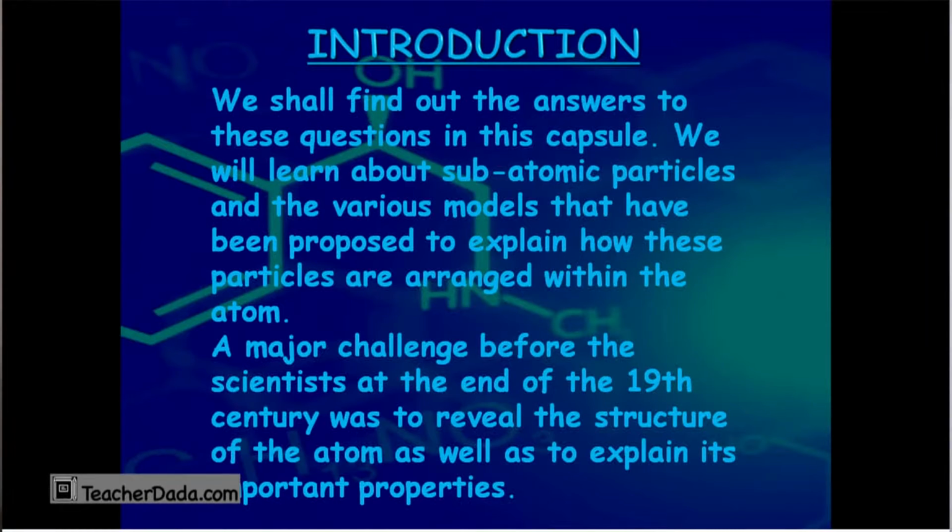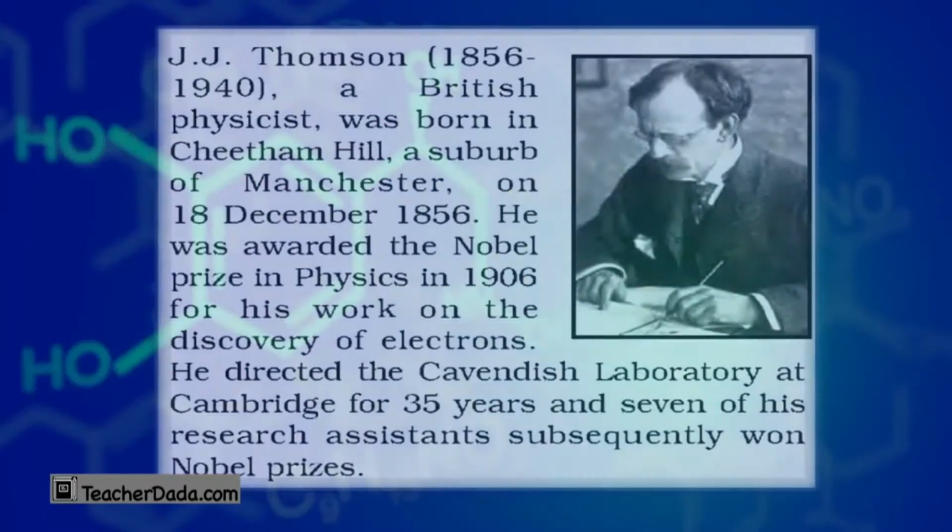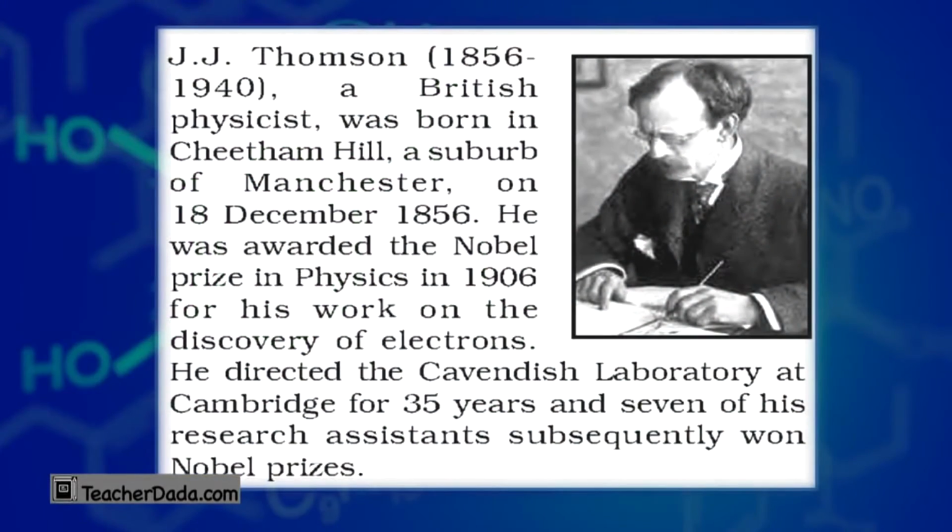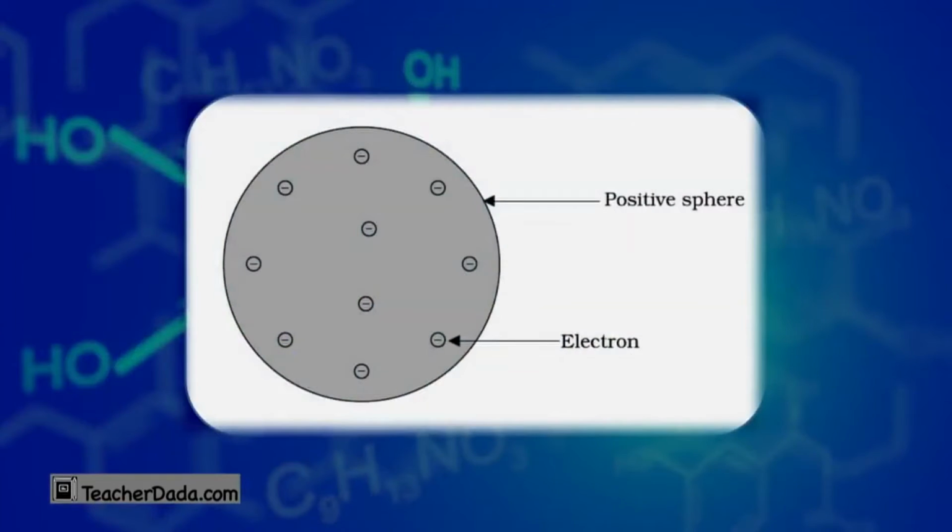So, Sir J.J. Thomson, he was a chemist. He has given a model of atom and he compared it to a watermelon. As you know, in the watermelon there is a red part, and inside the red part there are small black seeds.